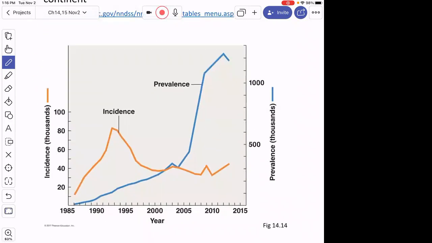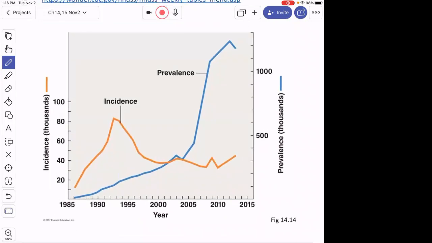So let me skip to this graph that they show you in your book. I left off the title of this graph. This is the incidence and prevalence of AIDS in the US. This graph is a little bit confusing because the units on the incidence side are different than the units over here on the prevalence side.